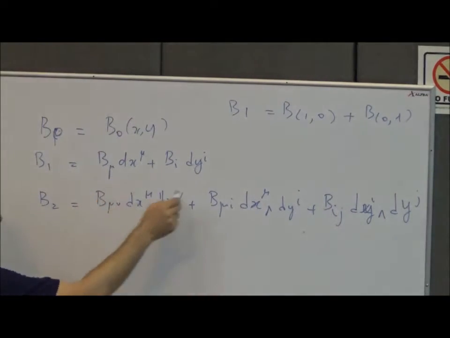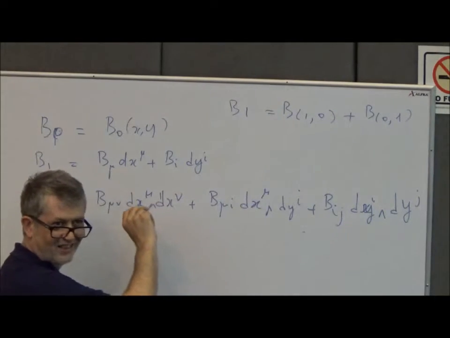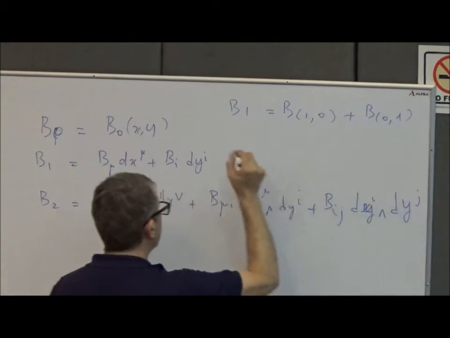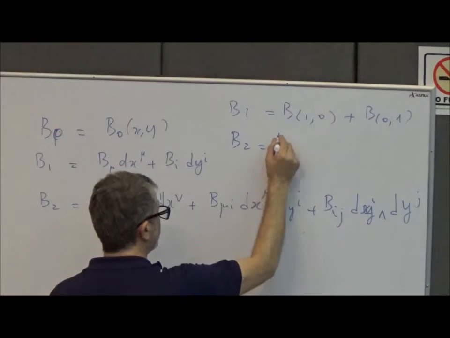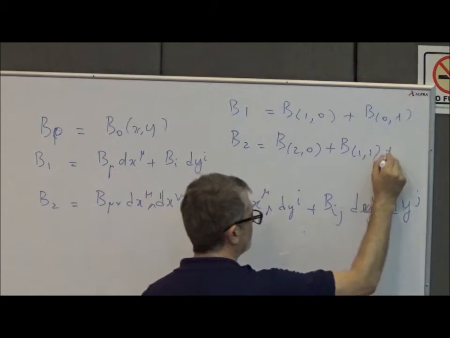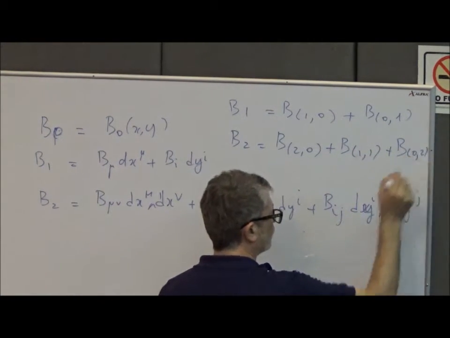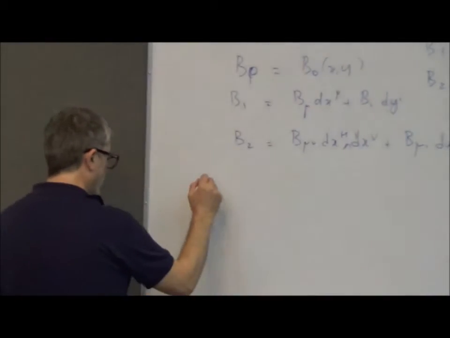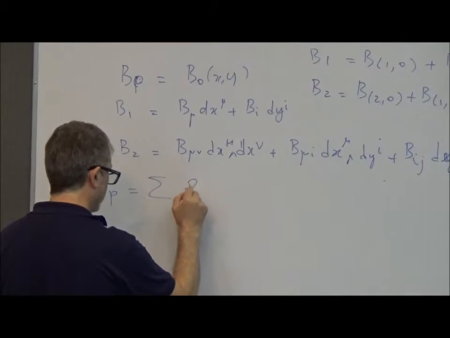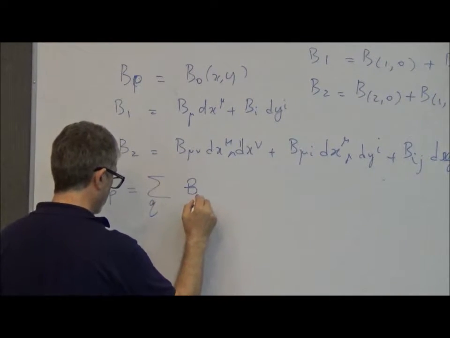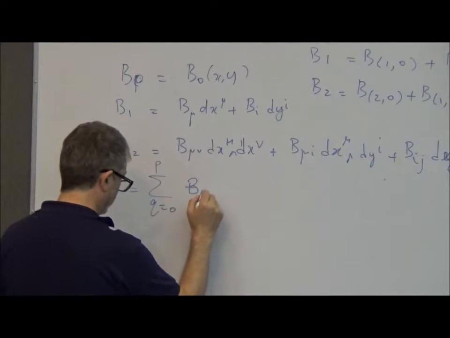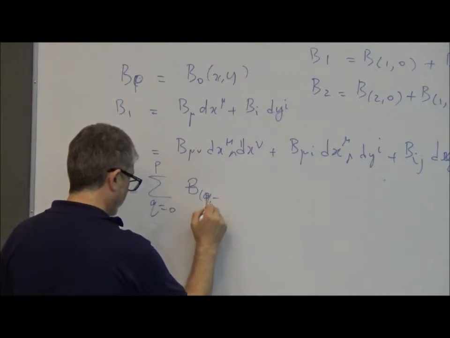So 1 on M, 0 on K, and 1 on K, 0 on M. The B2 form I will write as B20 plus B11 plus B02. Likewise, any P form in general, I will write as the sum over Q from 0 to P of B^(Q, P-Q).